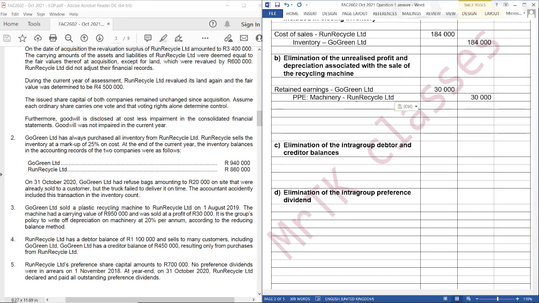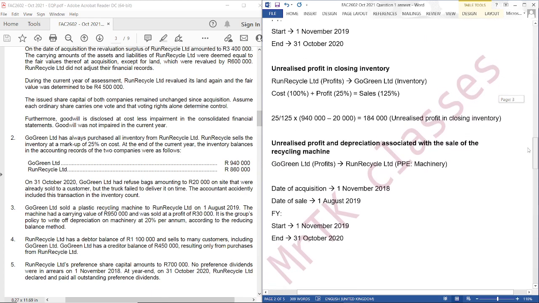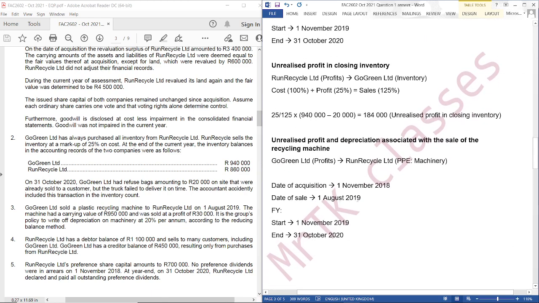Then we can see that the date of sale is 1 August 2019, and the financial year end is 31 October 2020, which means that this machinery depreciated from the date of sale until financial year end.